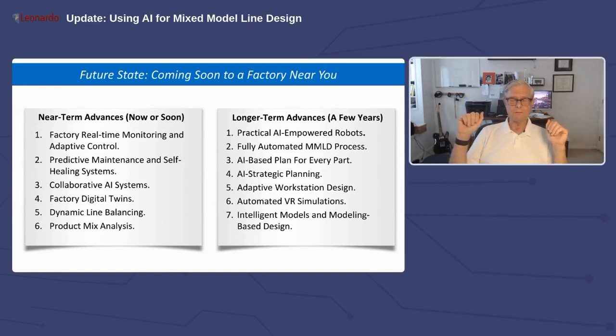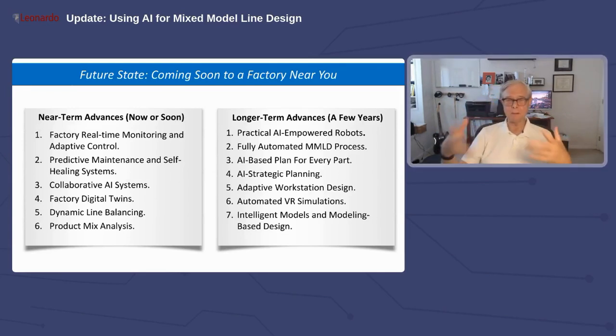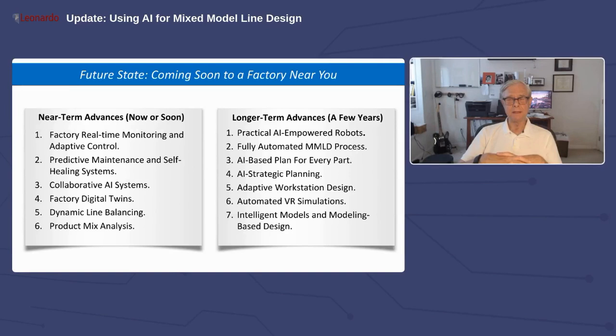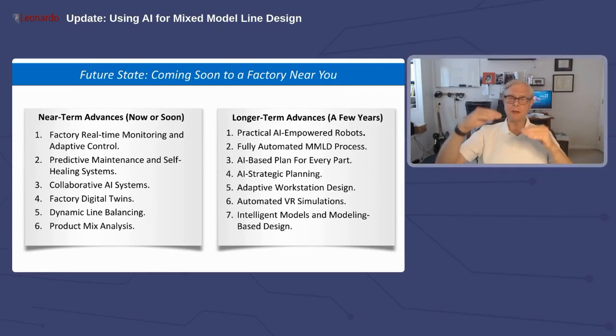And especially if you have to do a line redesign. So let's say you have an assembly line and you need to increase capacity. You already have the basic line in place, but you need to add some workstations, rebalance the line, recalculate takt time, all those items. And by the way, companies that do line rebalancing may have to do it several times a year, because if they're trying to adjust the output of their lines to demand as time goes on, they're going to be out of adjustment, either up or down.